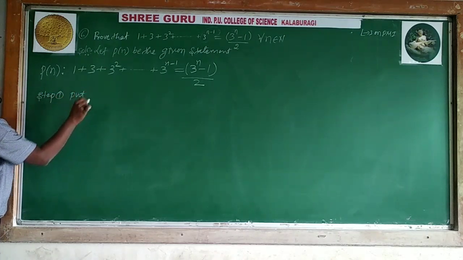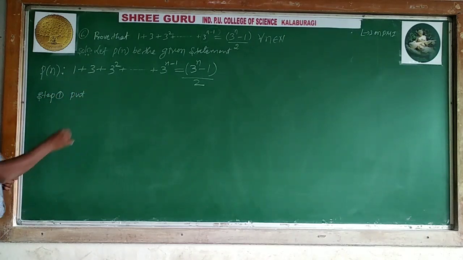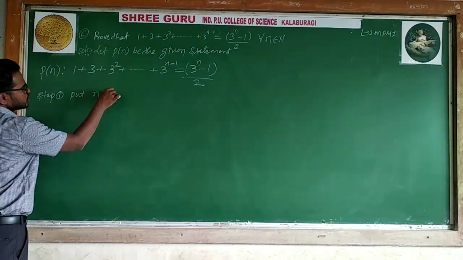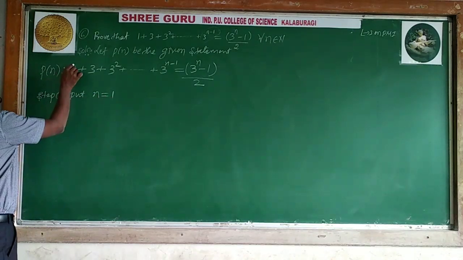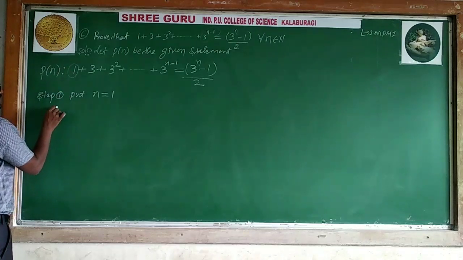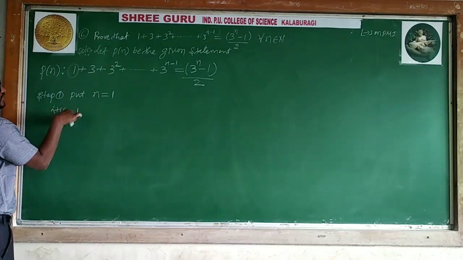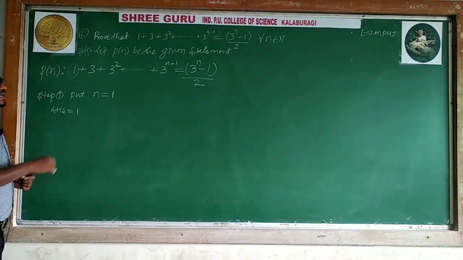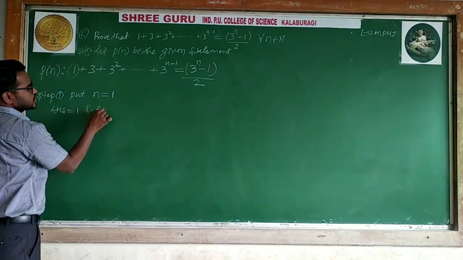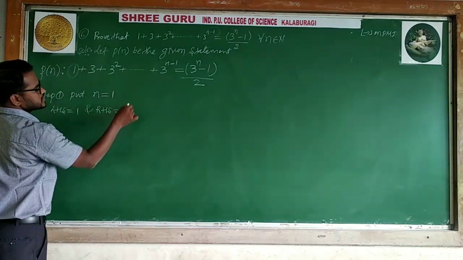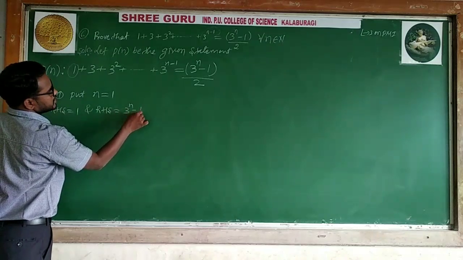In the case of step 1, what will we do? We will substitute n is equal to 1. What is the first term? The first term in the LHS is 1 only, so LHS is equal to 1. RHS is 3 to the power n minus 1 divided by 2.